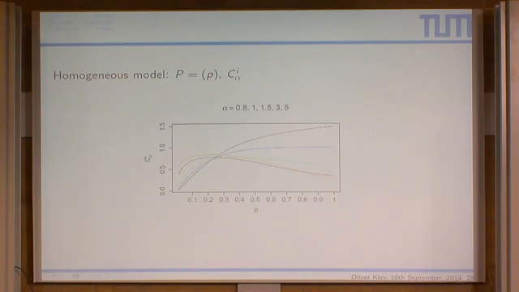So we also see that in the case of alpha 0.8 and alpha equals 1, 0.8 is the black line and 1 is the blue line, risk sharing doesn't have any benefit. So things get worse for the agents whenever network connectivity increases.